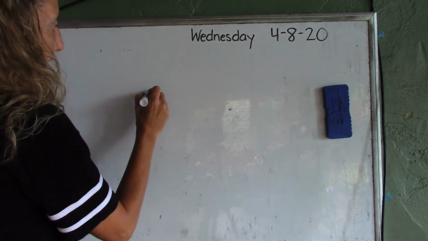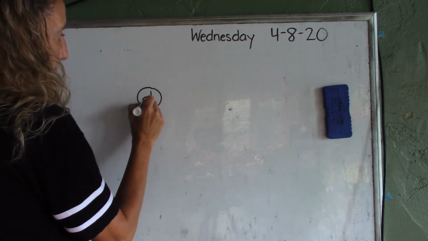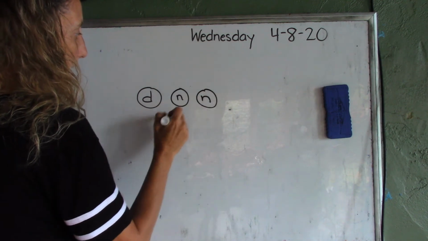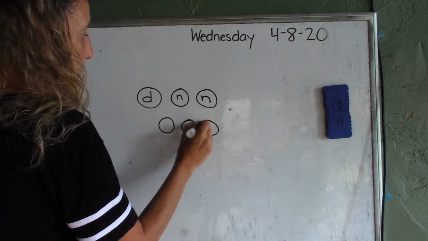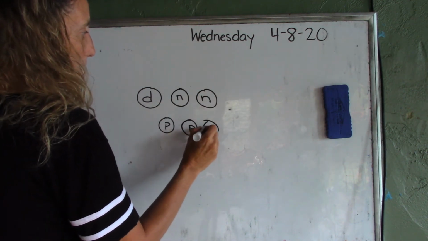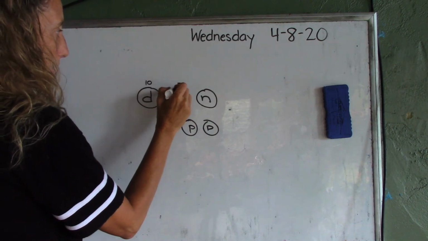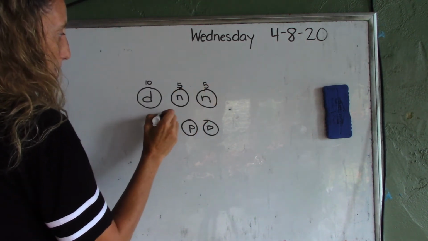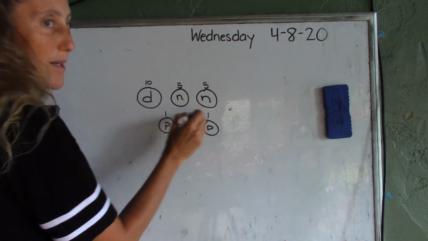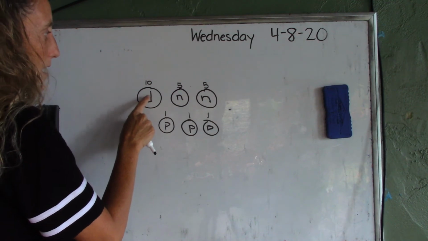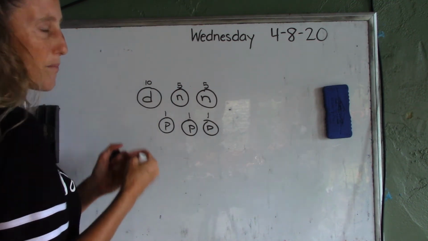So if I have one dime, I'm going to write a D for dime. I have 2 nickels, and I have 1, 2, 3 pennies. How much is that? Of course, a dime is worth 10, a nickel is 5, and a penny is 1. Can you count that? So let's bunch things together.